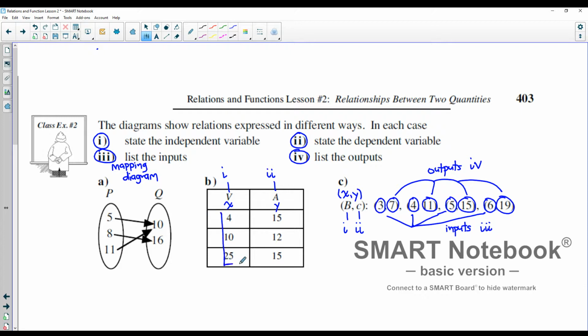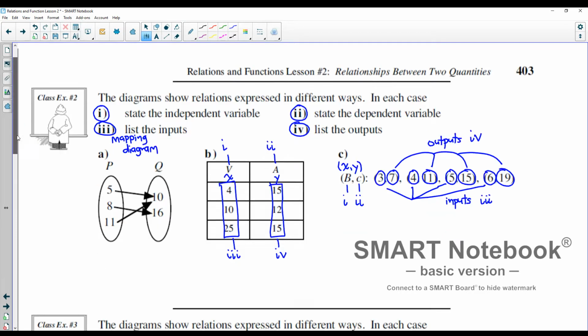These different values of X that you have here, those would be your inputs. So I could label that as 1, 2, 3. And these different values of Y, that would represent my outputs. So I'd have 4 to represent that.